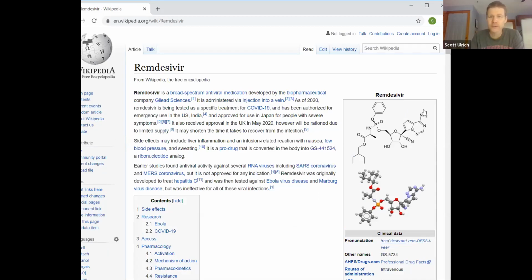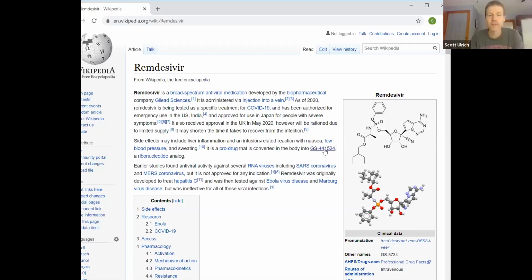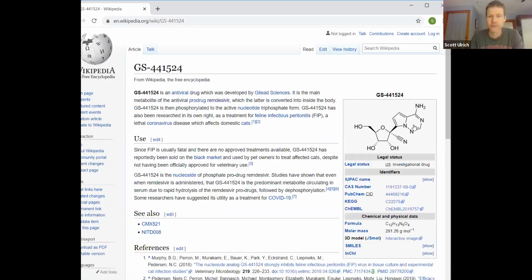So this is remdesivir, but all of this junk over here just comes off inside of your cells. It's like a prodrug. So all that stuff has to get cut off to make the active drug, which is this GS-441524, which is this compound.